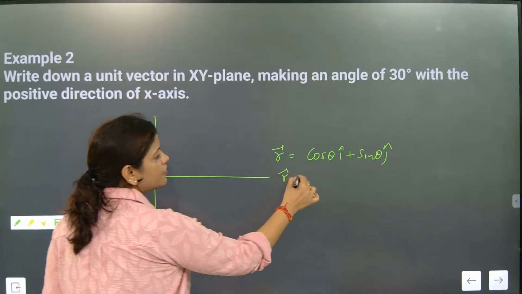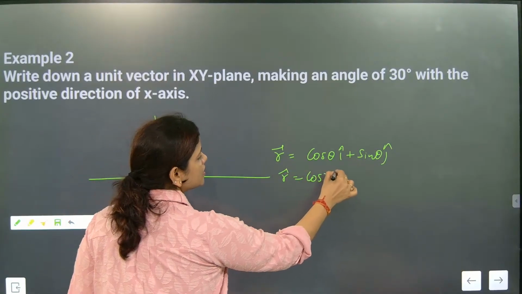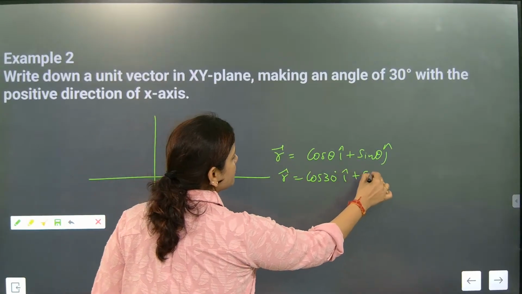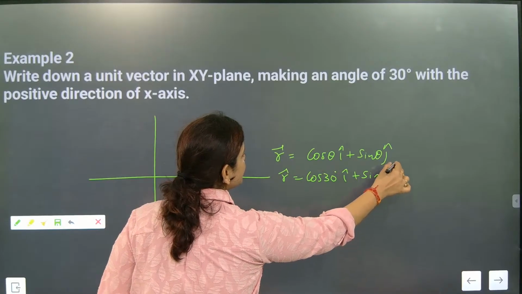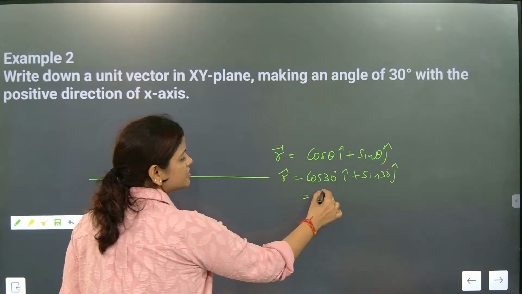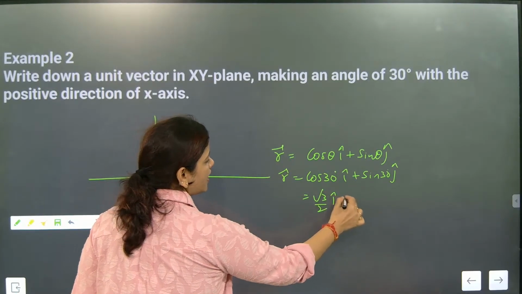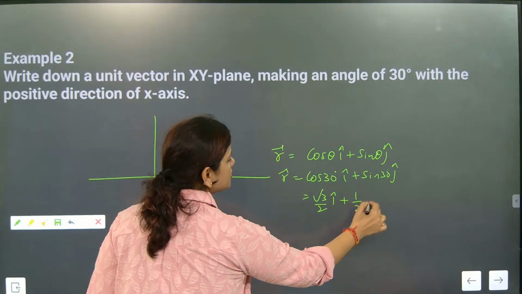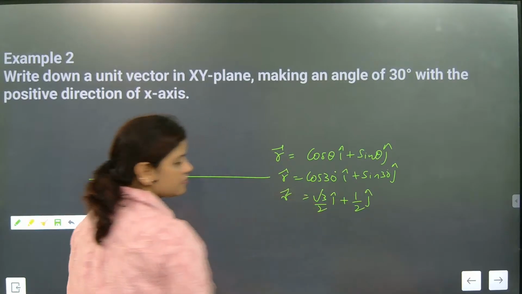In shortcut, we write cos 30 degrees i cap plus sin 30 degrees j cap. Cos 30 degrees is root 3 by 2, i, plus sin 30 degrees is 1 by 2, j. Done.